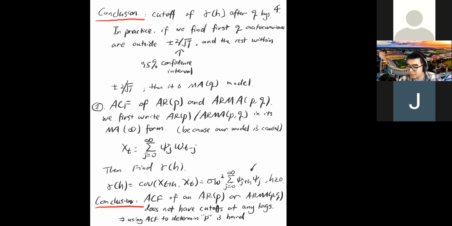So it still provides us some information.